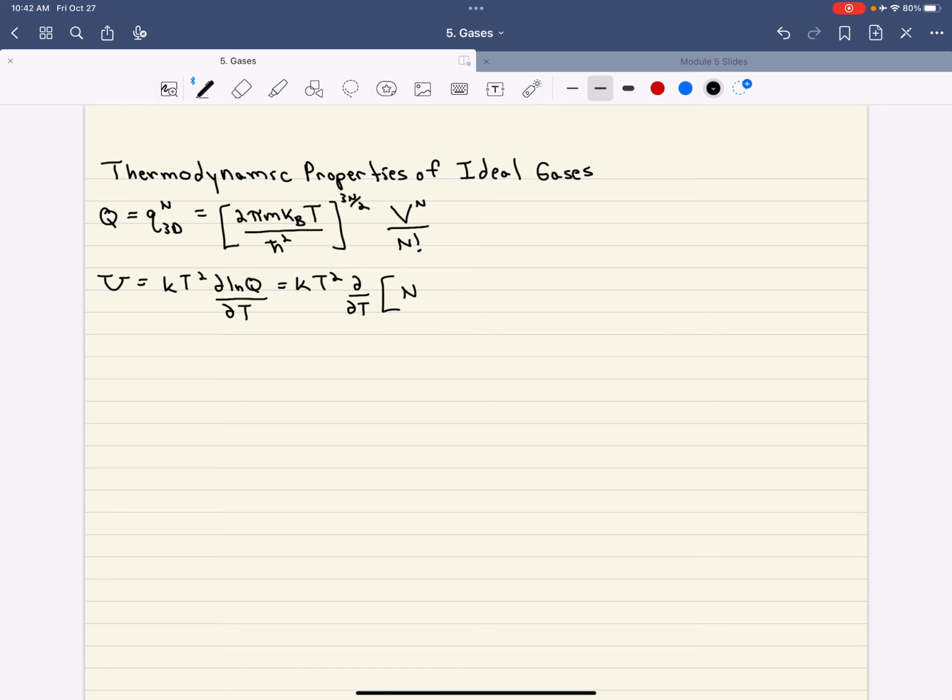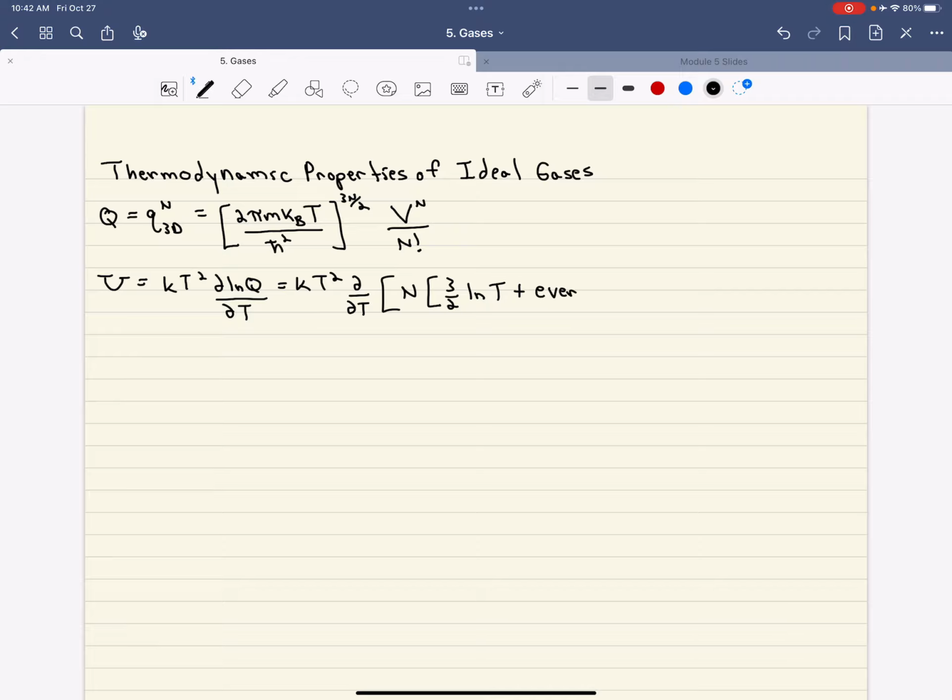So n, the number of molecules. And in here, we're going to have 3/2 times the natural log of T, because we'll be taking the natural log of this thing. And then everything else in the equation, since we're playing around with logarithms, we could just move to the side.